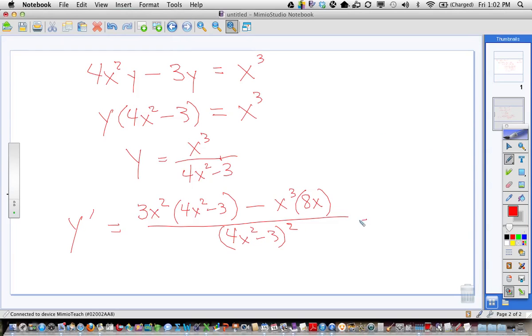So now, here on a quotient rule like this, I need to distribute. I do need to simplify this, right? So 3x, so that would be 12x to the fourth.